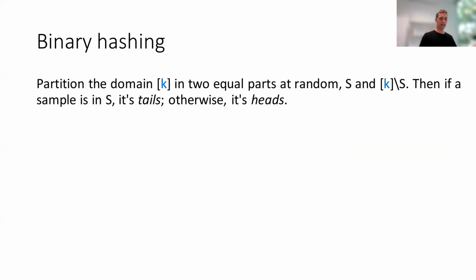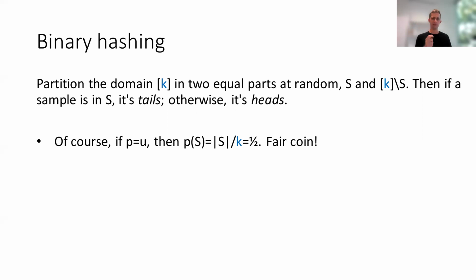If it falls in that half, you say it's tails, otherwise it's heads. Now you have a binary, you have a coin. So let's say we divide it in 2, and let's say equal parts for simplicity, k over 2 elements, k over 2 elements. If the distribution was uniform, then you have a fair coin because the probability to fall on one half is equal to 1/2. Great.